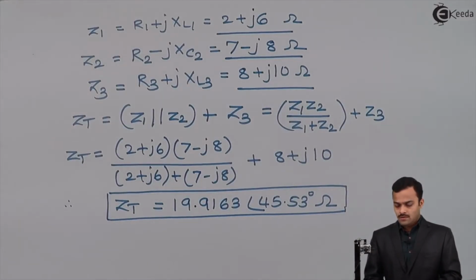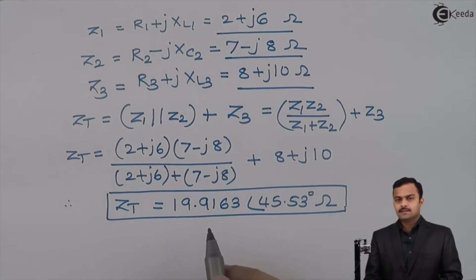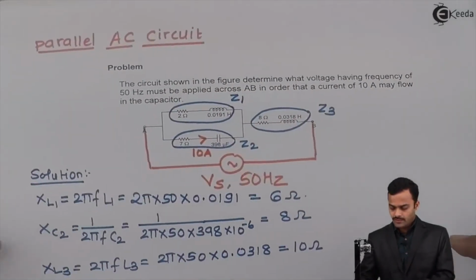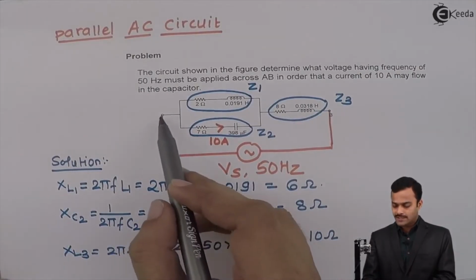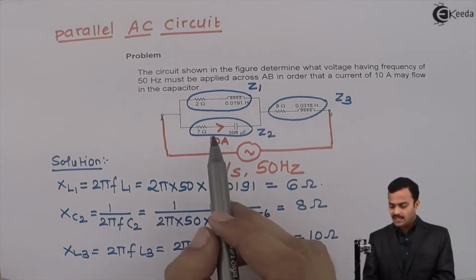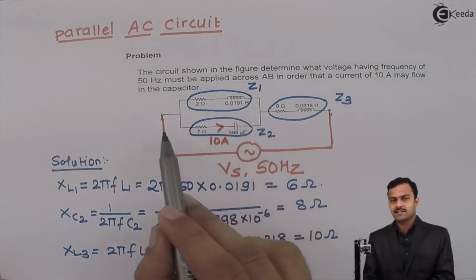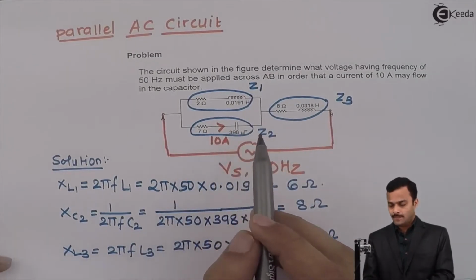Now, how are we going to use this? ZT is known to us and we are supposed to get the value of voltage across AB in such a way that the current flowing through the capacitor is 10.